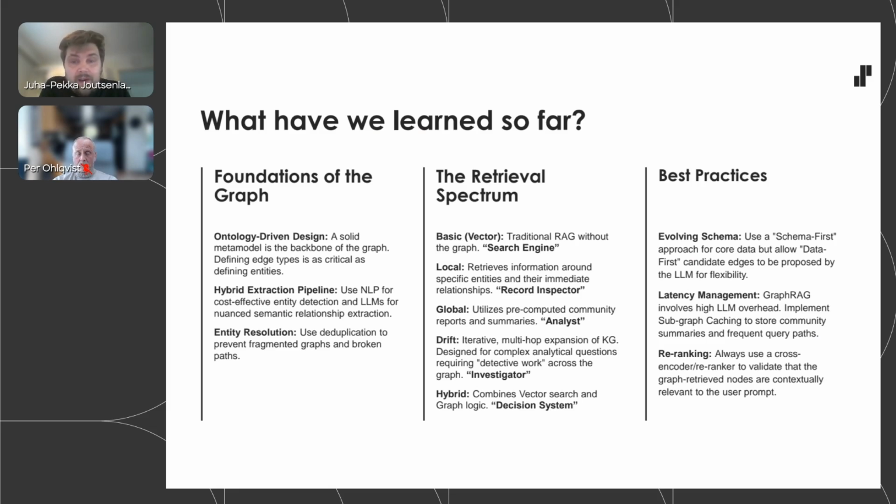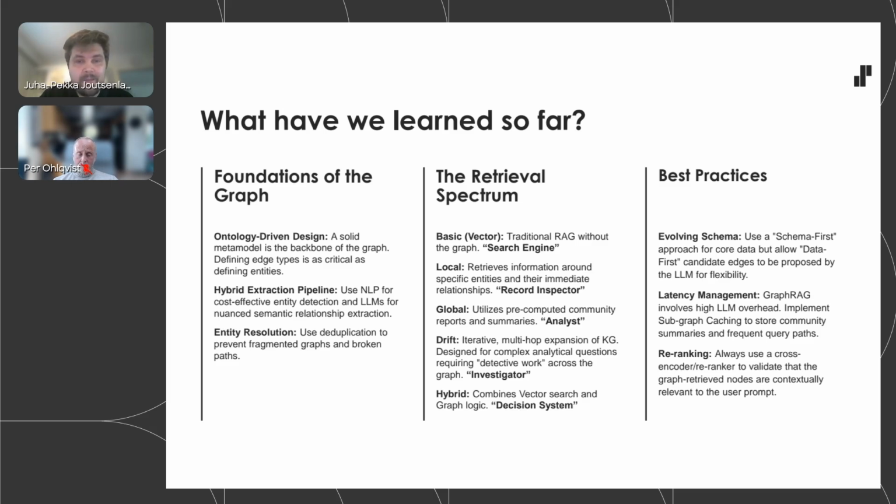So first of all, the foundation is very, very important. We need to understand the structure, what we have, and also the relationships and the direction of relationships. It's just as important as the objects themselves. We need to also be cost sensitive.